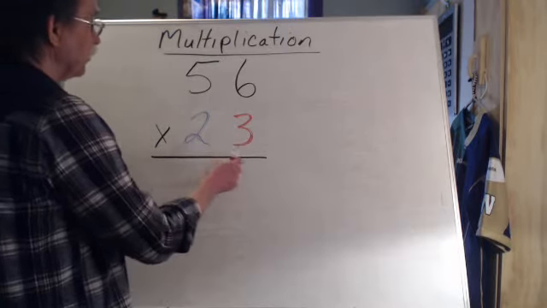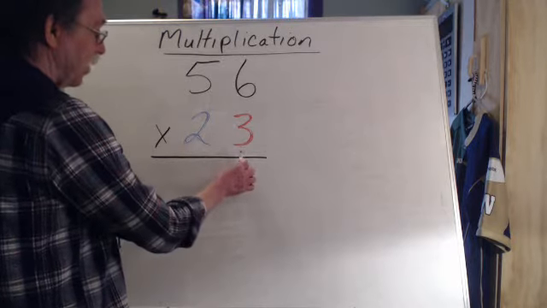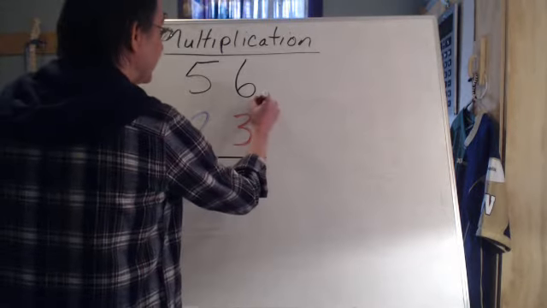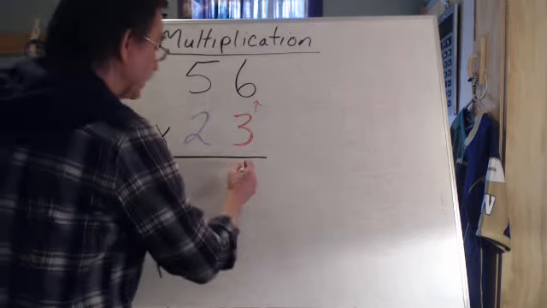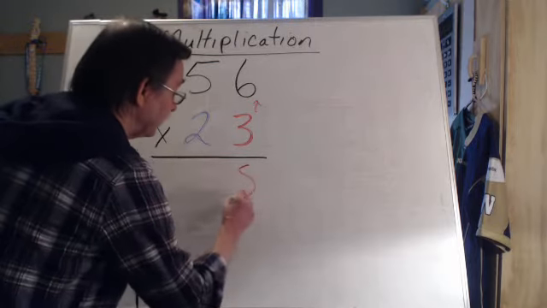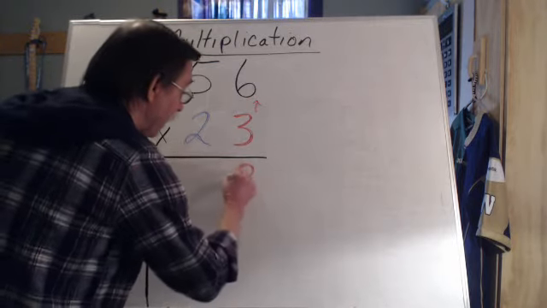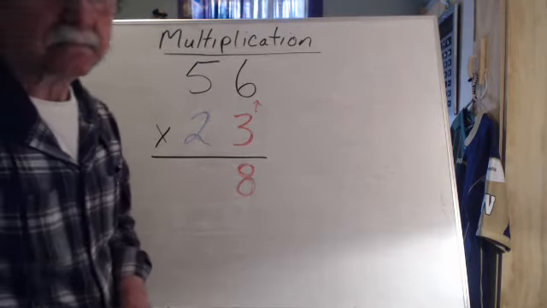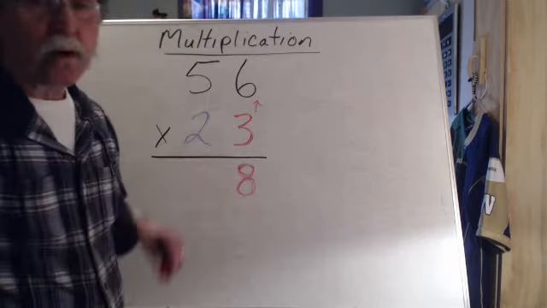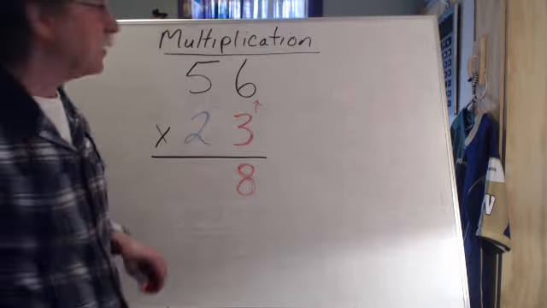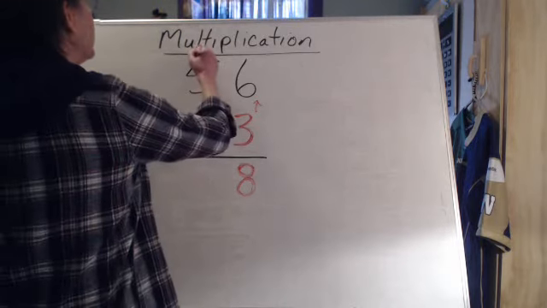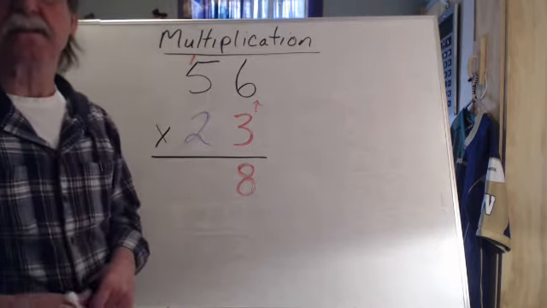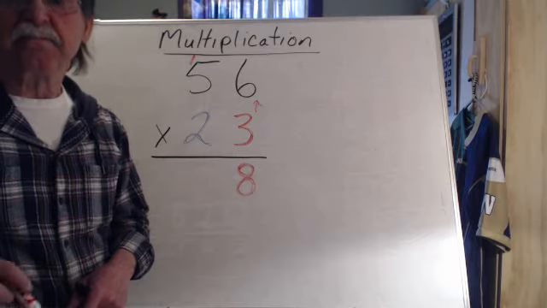So actually I didn't leave room for that in my top, but 3 times 6 is 18, and right down there, 18. But we only put the 1 number. Let's put the 1 up here just to remind us that we have to add 1.